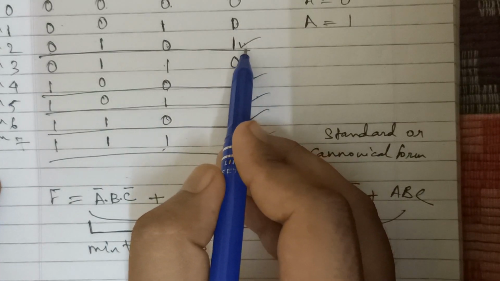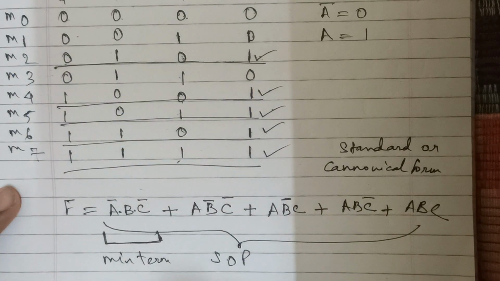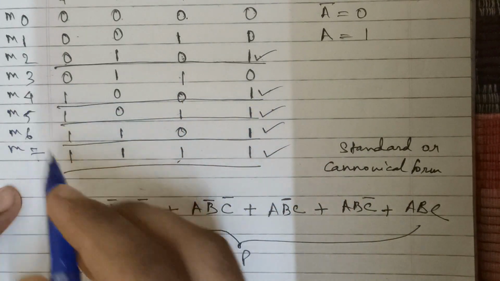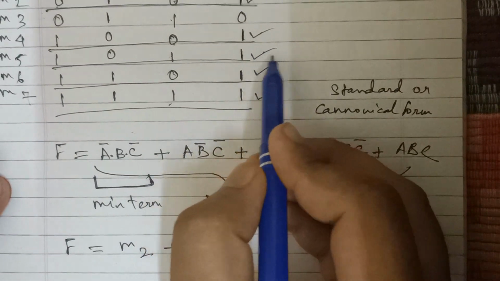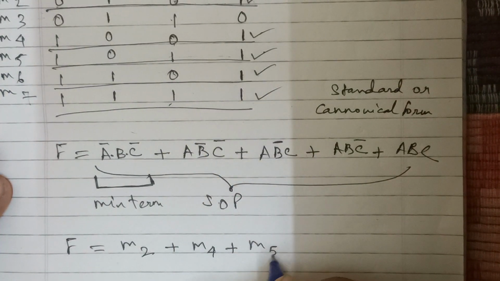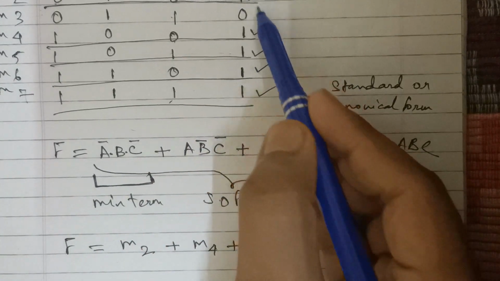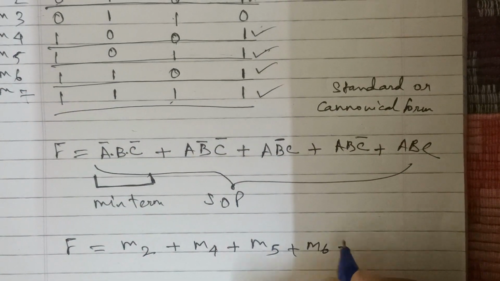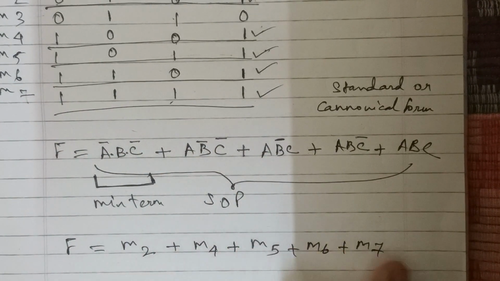We have considered the first one as m2, plus this one is m4, then this one is m5, so we have got all three. The last ones are m6 and then m7. This is the way of writing min terms.